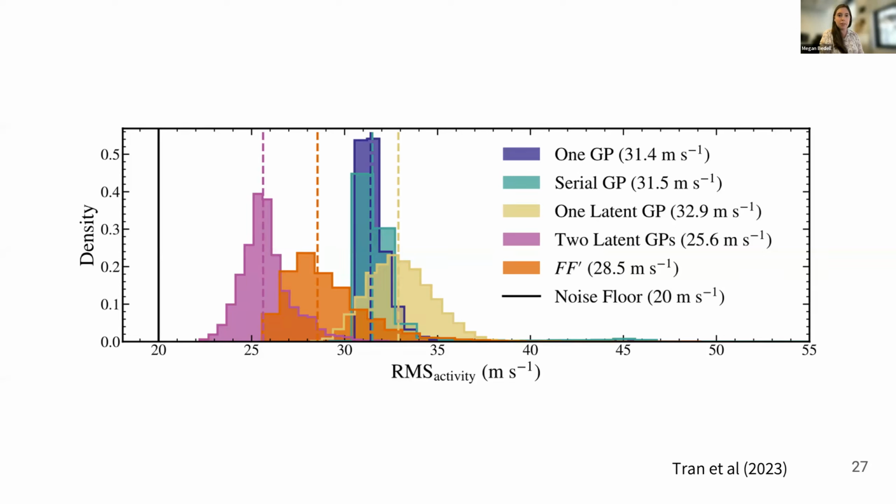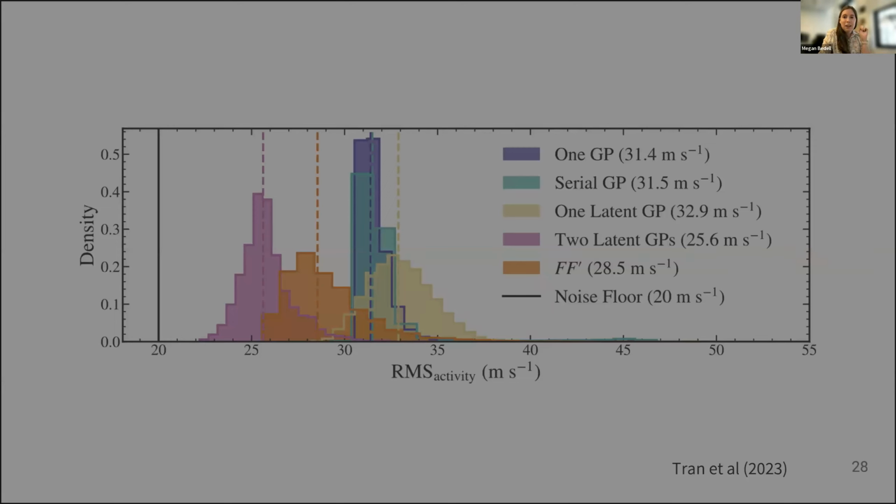So this was a fun project where by adding a little bit of extra flexibility to our models in a somewhat physically motivated way based on the FF prime expectations, we were able to take advantage of the large amount of photometry that we might have for some systems and improve our ability to constrain the radial velocities.